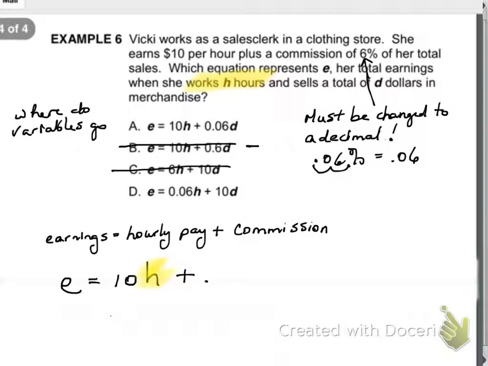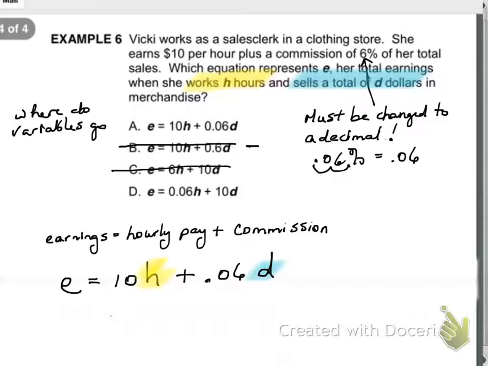So again, we have to put 0.06 instead of 6, and her total sales is going to be D. Okay, she sells a total of D dollars, so the variable for that will go there, and it's going to be a D.